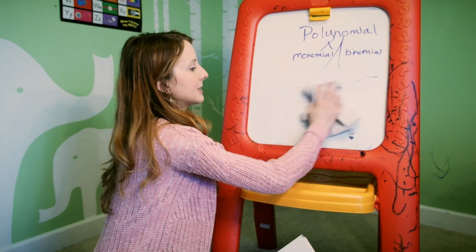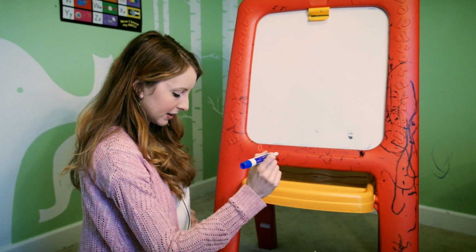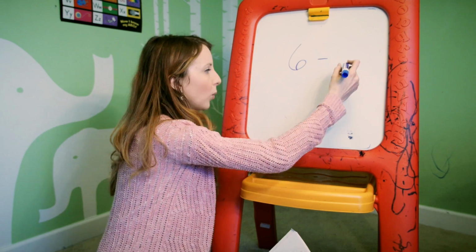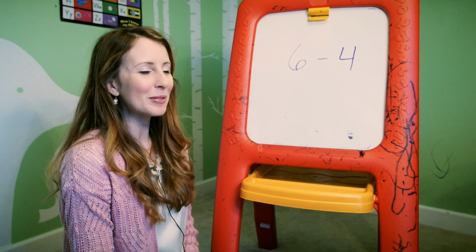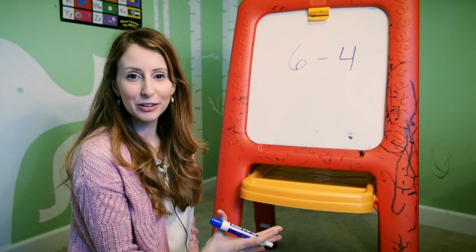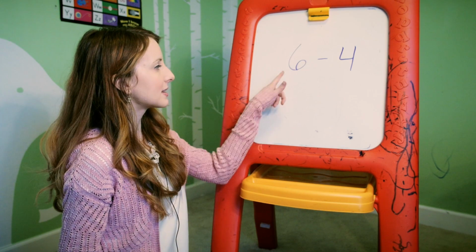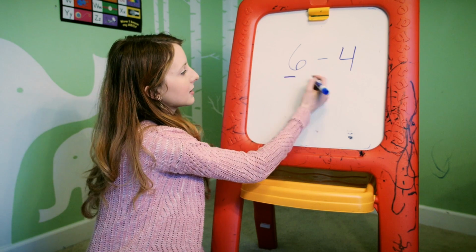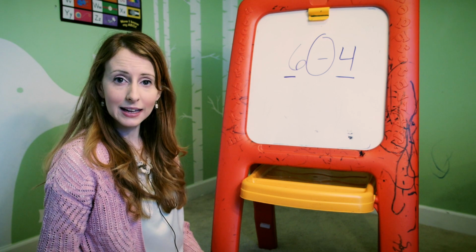So let's look at example A. You have the expression 6 minus 4. That's a kind of simple polynomial, but at this stage, before trying to simplify it, notice this is made up of 2 distinct terms, 6 and 4, separated by this negative.